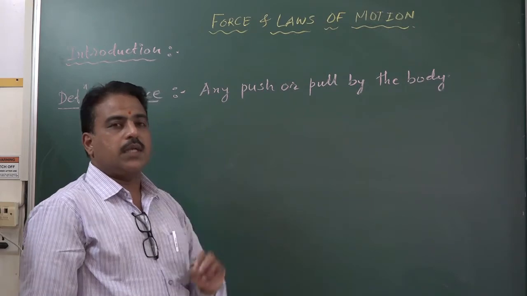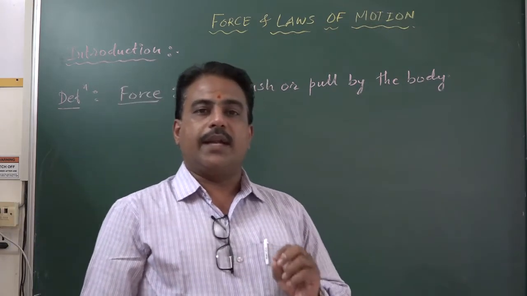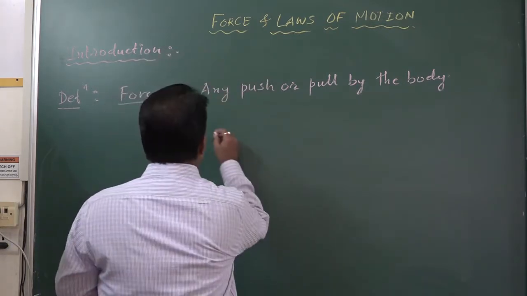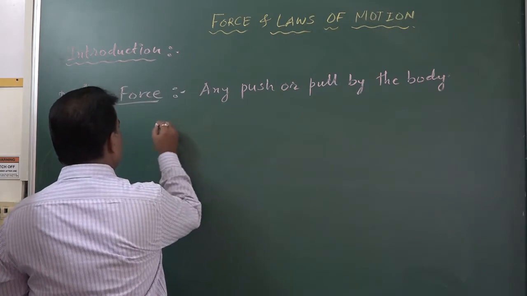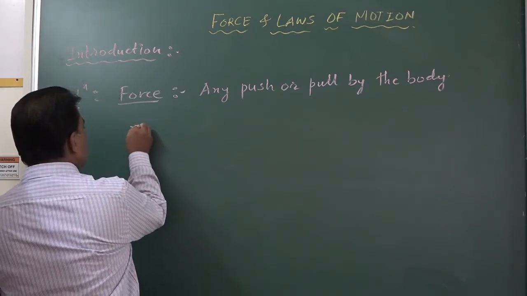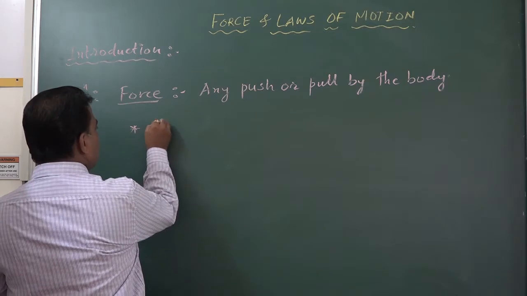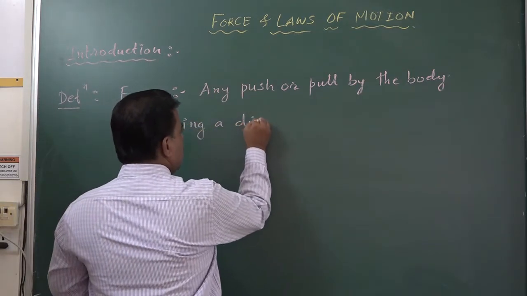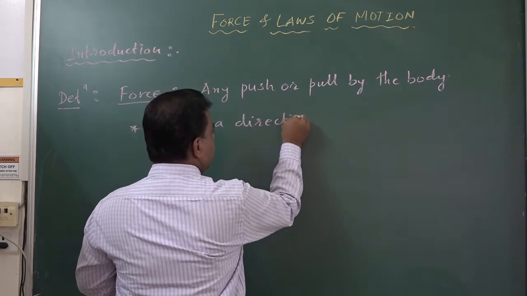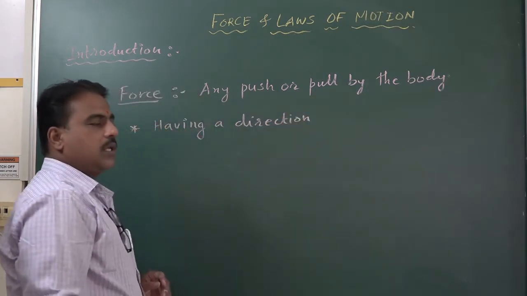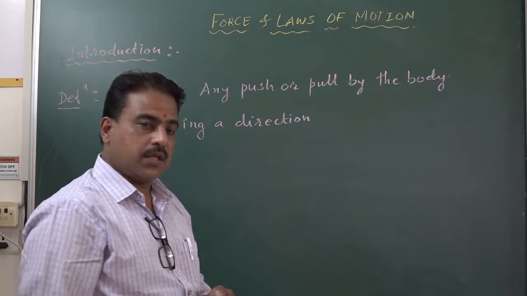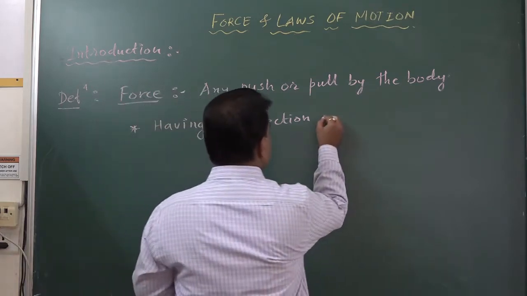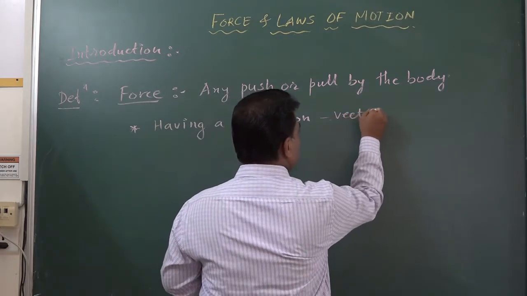Now one more interesting thing is that force has a direction. This is also one important thing. So when a force, any push or pull, is given to the body, since it has a direction, that's why force is a vector quantity.